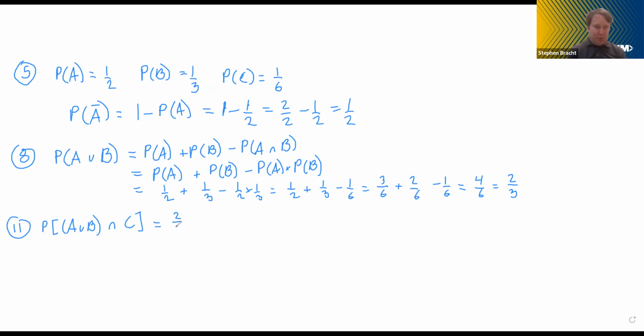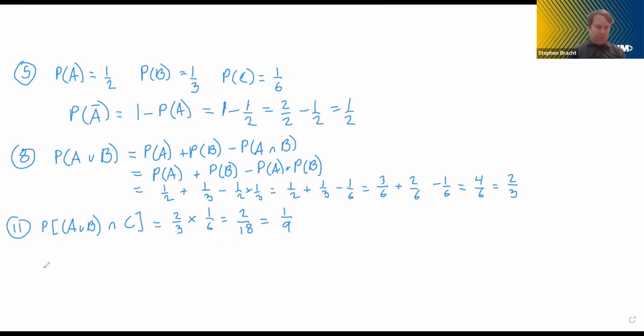And remember, for independent events, which these are, you can just multiply. The intersection basically means multiply. So we're taking the probability of the union of A and B, which is 2/3, and multiplying it by the probability of C, which is 1/6. So that just becomes 2/3 times 1/6, or 2/18 or 1/9.